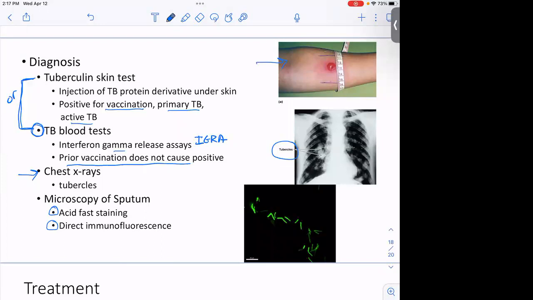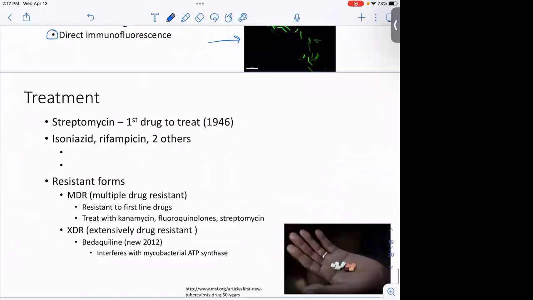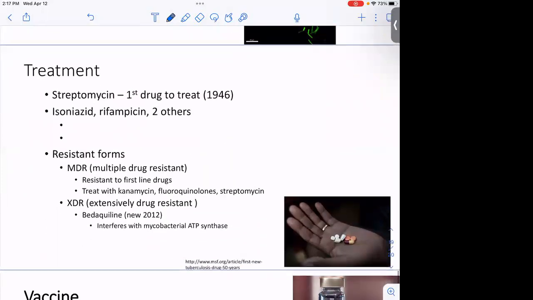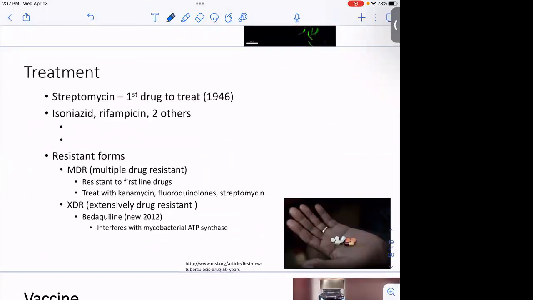Okay, so it's actually a little bit easier to see if there's live bacilli. And if those bacilli show up, then you know that the patient has active TB. So again, it's complicated to figure that out, and what complicates that is in areas of the world where people routinely get vaccinated.